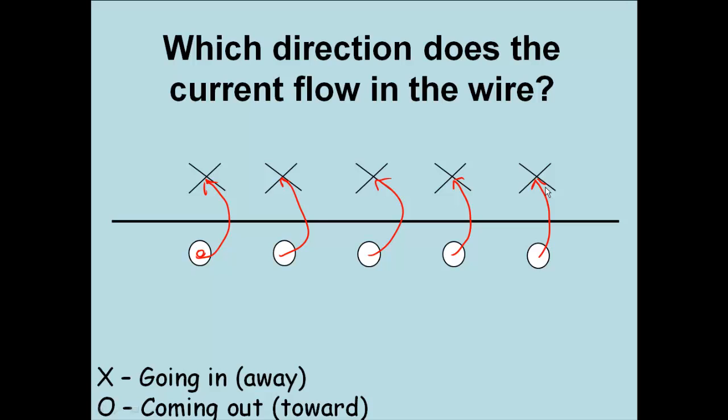And of course you'll find your thumb is pointing to, well, wait a minute, that's not right. To the left it should be. Thumb is pointing to the left. And so the current's flowing to the left.